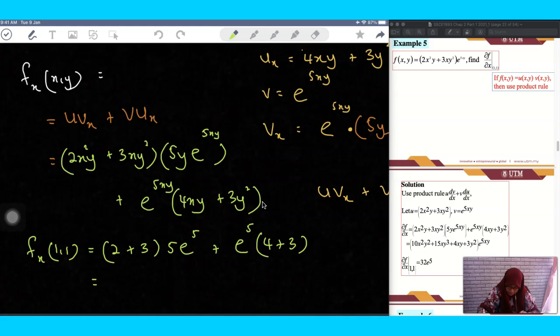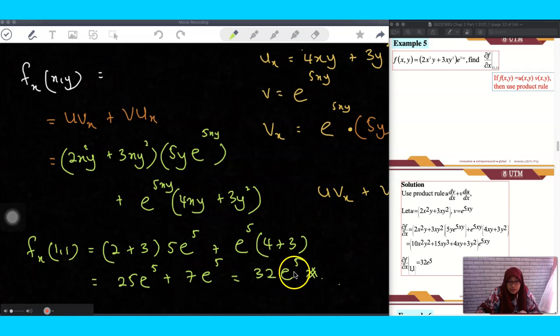So you have 25e^5 plus 7e^5, which will give you 25 plus 7, 32e^5. You can leave your answer in this form, e^5. You don't need to compute it.